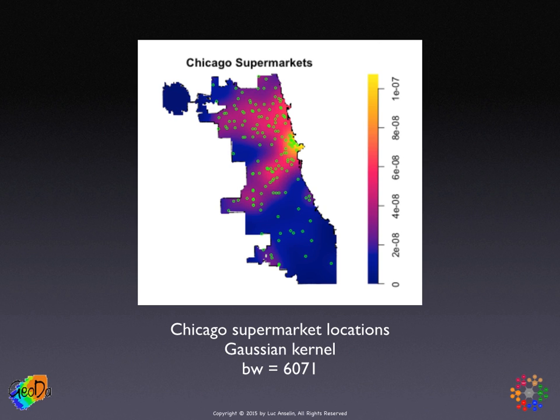Rather than a uniform blue in the south side, we have a little pink area in the lower left side, and we have also a much smaller yellow area at the core of the density of the points. But basically, the same general impression is given of a higher density, higher intensity in the northeast of the city, and then much lower density in the outskirts and especially in the southern part of the city.